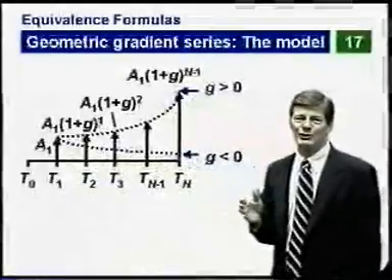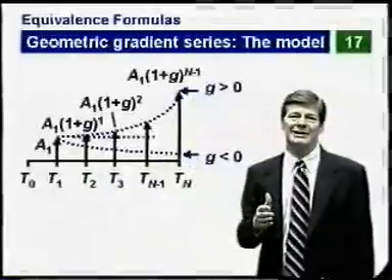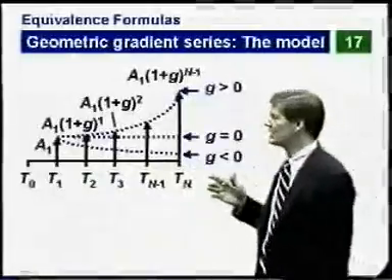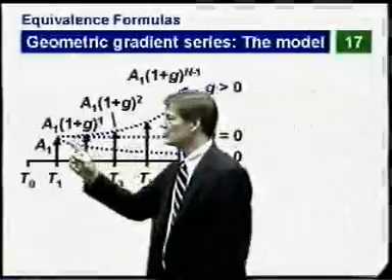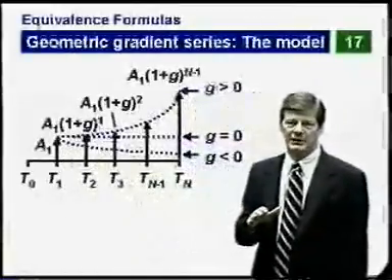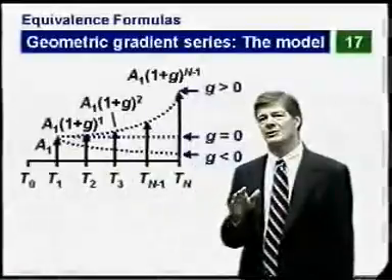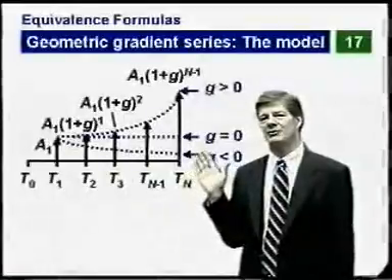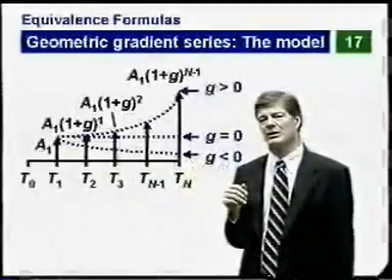And it also should occur to you that sometimes G may be exactly 0, in which case what we have is the classic uniform series. In other words, the uniform cash flow model that we talked about just a few moments ago is really nothing more than a special case of this particular model.